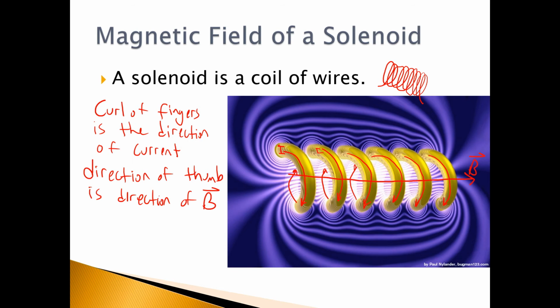That would be the direction of my magnetic field, towards the right. So the right-hand rule is slightly different for solenoids, but not entirely different. This thing just gets swapped. So be mindful of what your problem is, whether you're using a coil of wires, for which this is the right-hand rule, or a single wire, where the right-hand rule is slightly different.